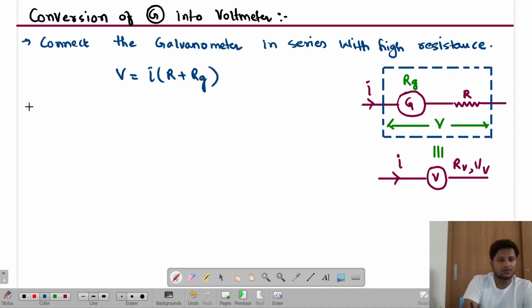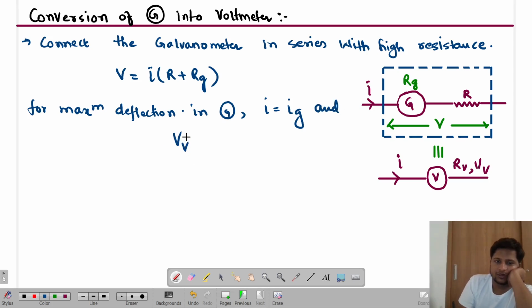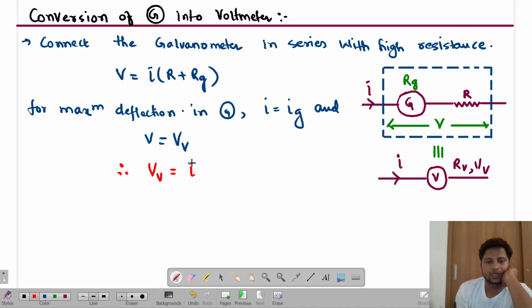Now we know that for maximum deflection in galvanometer, I is equal to Ig, and then the voltage will become equal to the voltmeter voltage. So therefore, the relation is simple: voltage of voltmeter is equal to galvanometer current into R plus Rg. Are you able to get me or not?